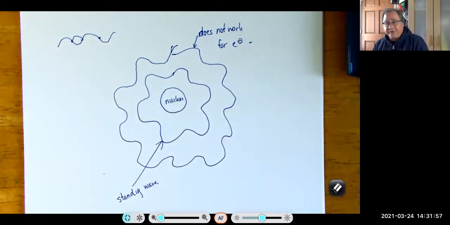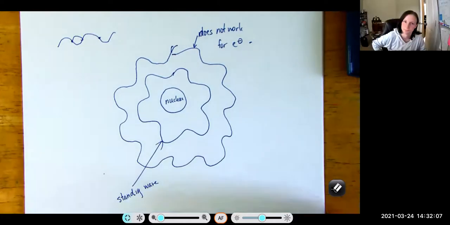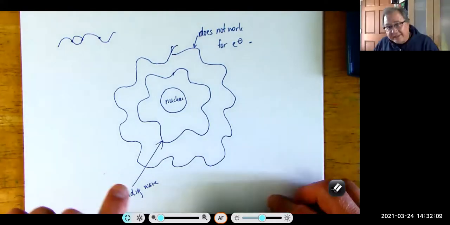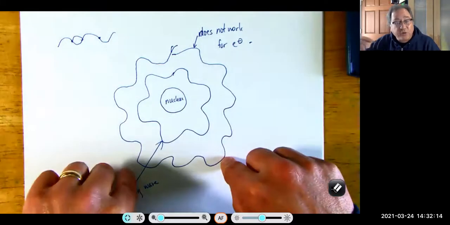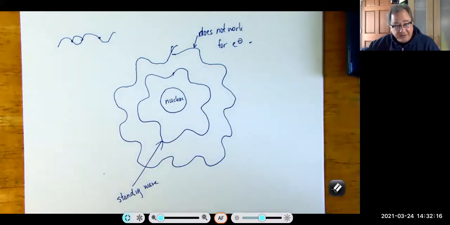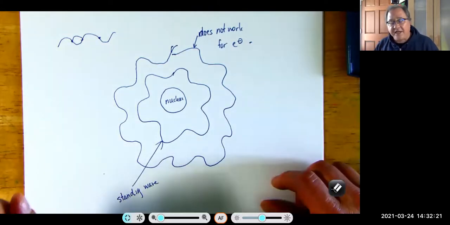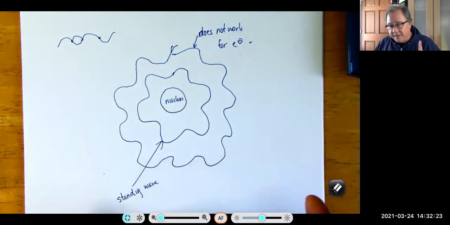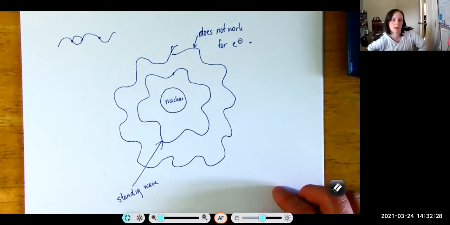So whereas Bohr just said, well, the electron has to be a specific distance from the nucleus, and I'm not going to tell you why because I don't know why, Schrodinger said the reason these electrons have a specific energy, because these are waves translated to energy, is that they are standing waves, not just any kind of wave.